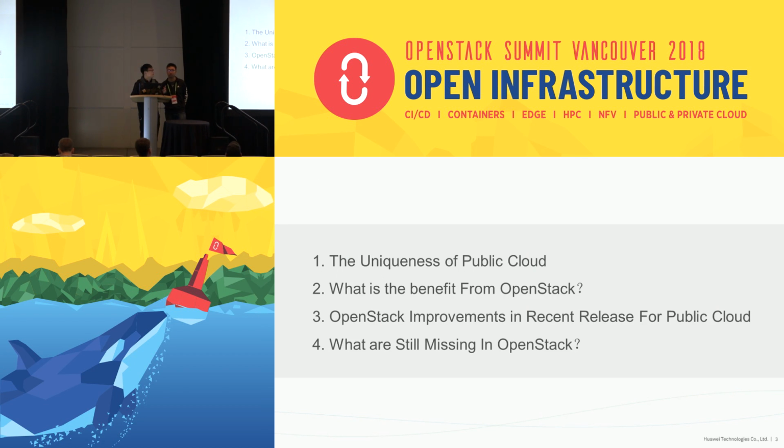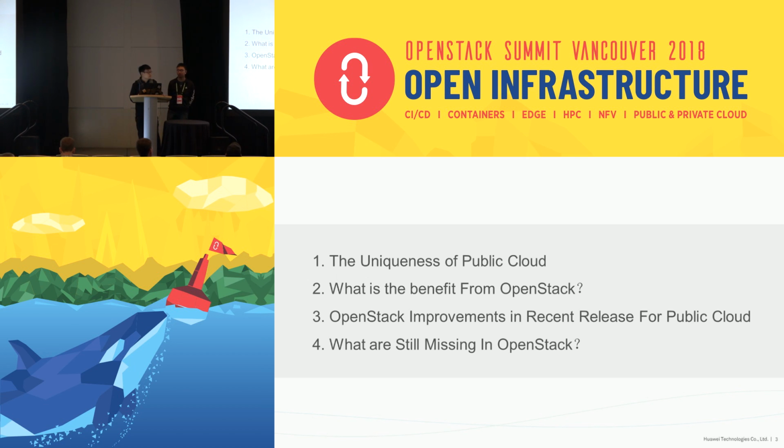So the presentation is divided into 4 parts. The first part is the uniqueness of a public cloud. We'll tell you what the unique traits of a public cloud are and what the different features between public cloud and other clouds, like private clouds, are, from user, operator, and vendor perspective. Secondly, the benefits from OpenStack. In this part, we will tell you what benefit you can get if you build a public cloud based on OpenStack.